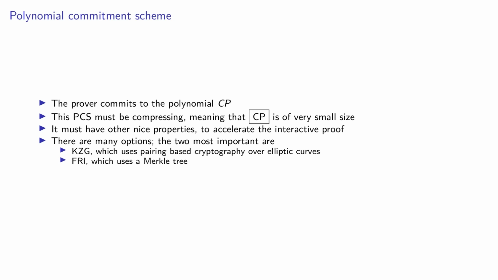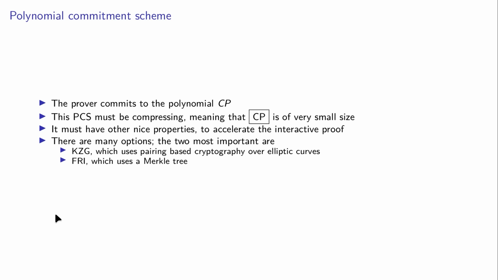But it's important for the proof to be succinct that this polynomial commitment scheme must be compressing. So you can have a huge polynomial of degree 1000 or maybe 1 million, but the commitment must be compressing. It's somewhat like a hash function. So the commitment value should be of very, very small size.